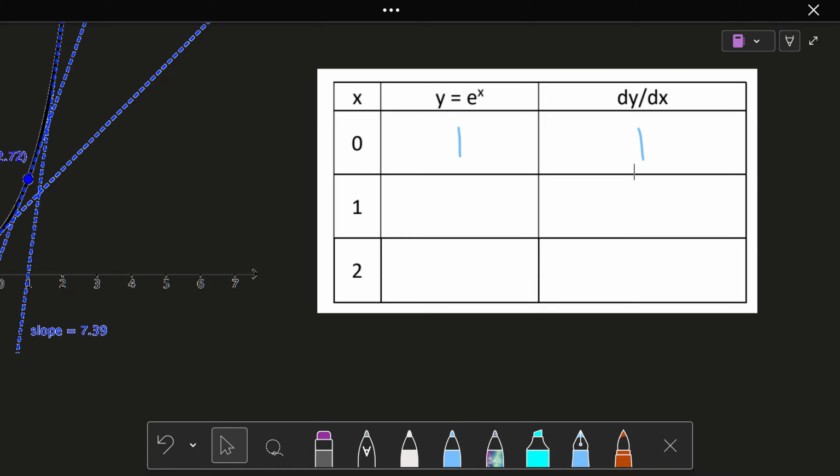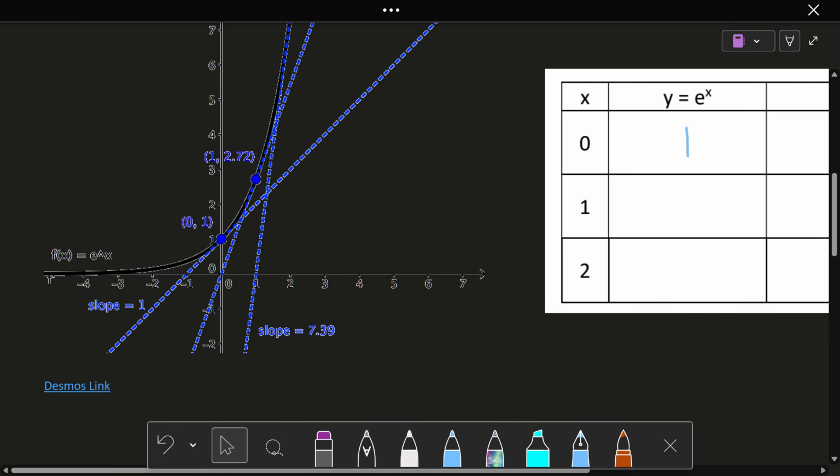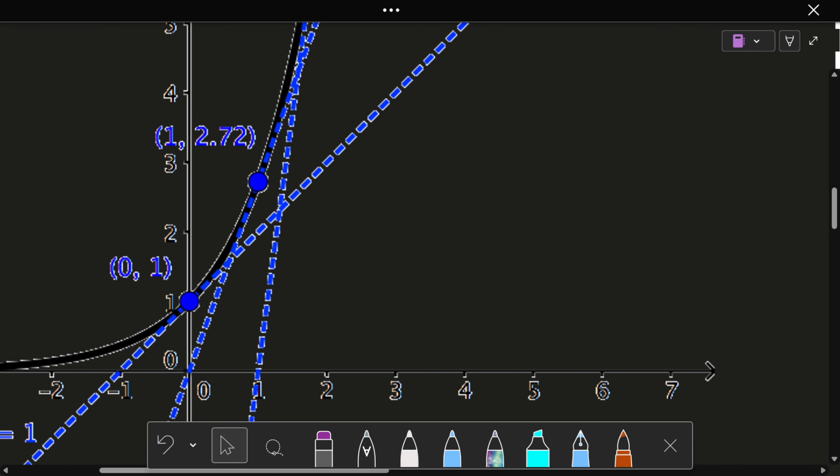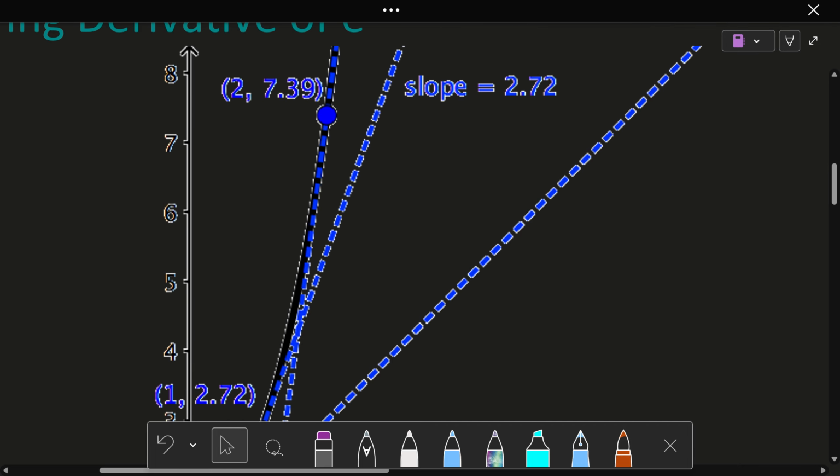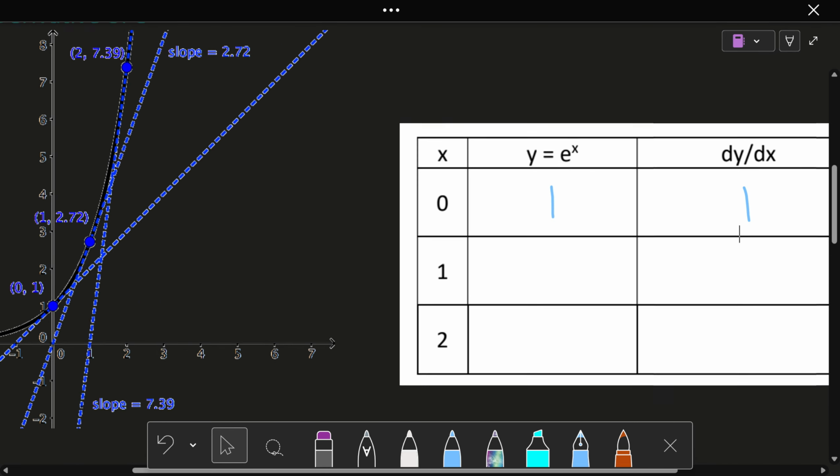Let's check out a couple more points here. When x is equal to 1, we know what e is equal to. It's 2.7, and looking at my graph, it's 2.72 because we just rounded 2.71828. So the y value is 2.72, and if we follow that tangent line up, the slope is also 2.72.